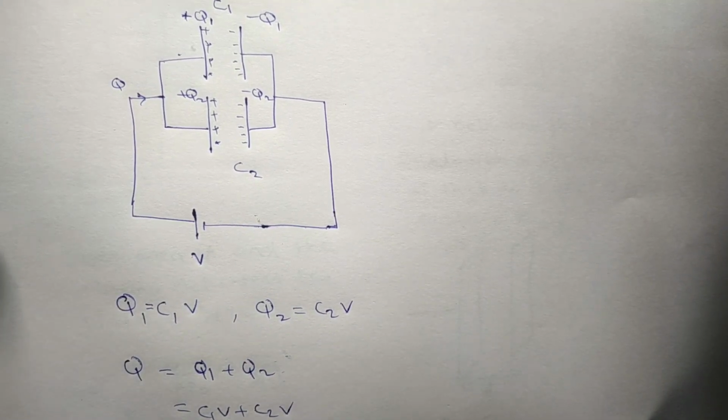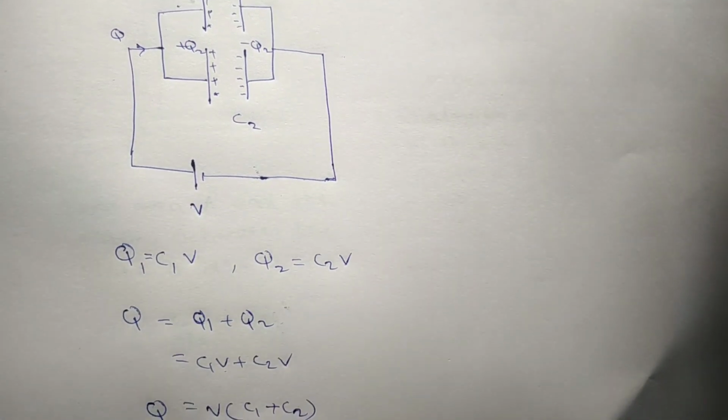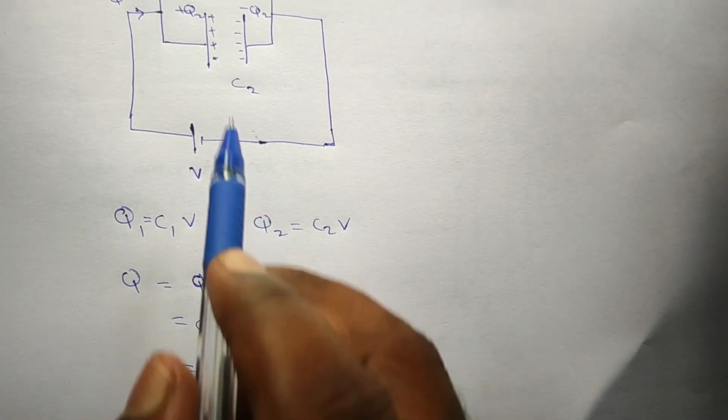V is common, so you can take it outside: V into C1 plus C2. Clear? This is the net charge stored in this system.